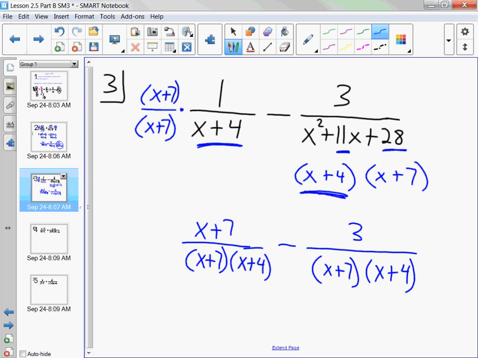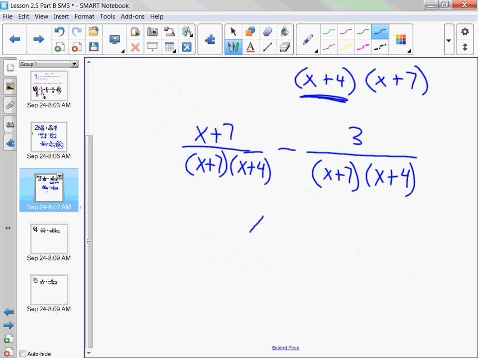And we just combine like terms in the numerators. Well, we have an x plus 7, and we're subtracting the 3. So 7 minus 3 is 4. So we get x plus 4 on the top over the common denominator, (x plus 7) times (x plus 4).